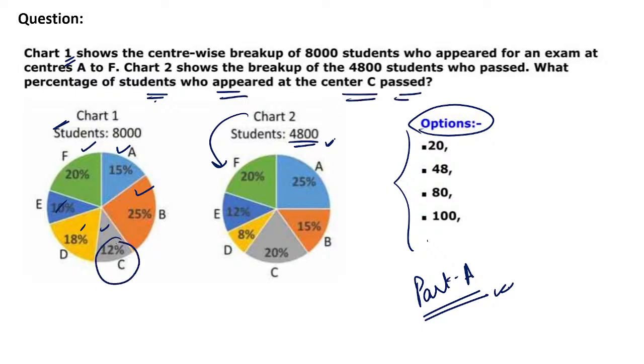At Center 3, 12% of the 8,000 students appeared, and 20% of 4,800 students actually passed the examination. The question is asking you, what is the passing percentage in accordance with the appearance? Give it a try, everyone. Simple, basic, easy question. Try it out.